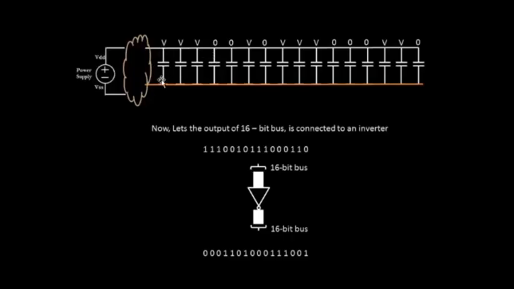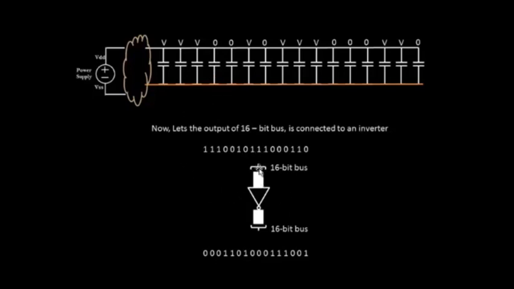When one particular line of the 16-bit bus is at logic 1, it means a capacitor is being charged to VDD. Again, there is a capacitor which is charged to VDD. Similarly for this line, whenever we see 1 1 1, all 3 capacitors are charged to VDD. Wherever we see 0 0, these capacitors are discharged to ground. They're already discharged to ground.